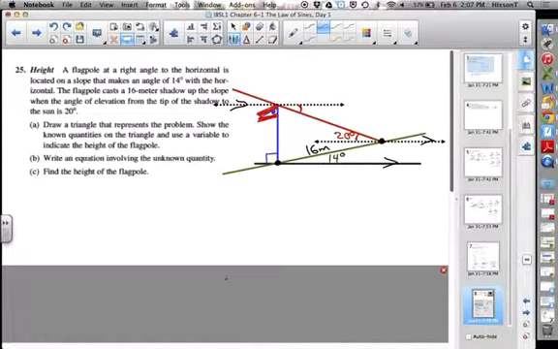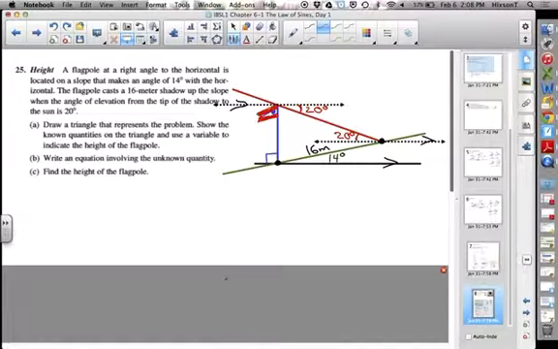Guys, this won't be the only time you see those in this chapter. Alternate interior angles, so this is 20 degrees as well. If you really want, this one out here is 20 degrees too, but that's not quite as useful in this case.